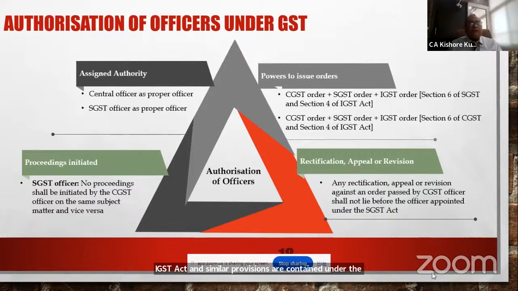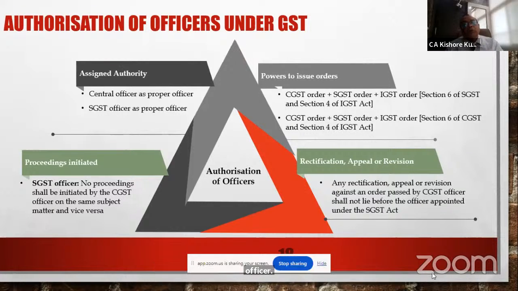Friends, what is the need of having these kinds of provisions under the law? See, friends, any intrastate transaction is subject to two taxes, CGST and SGST. Had these provisions not been there under the GST law, then for every transaction, an assessee would have to approach two different authorities. For CGST, they need to approach the CGST officer. For SGST, they need to approach the SGST officer.